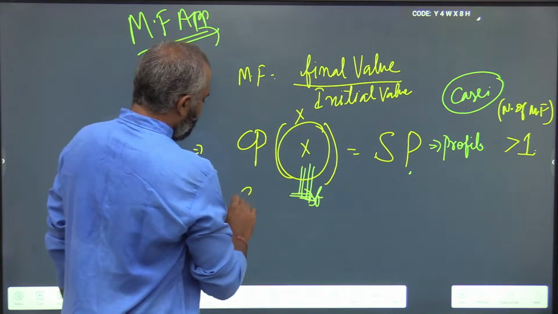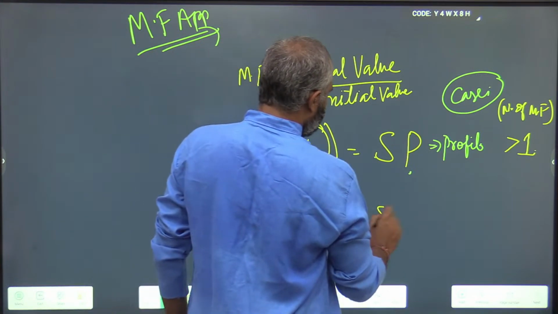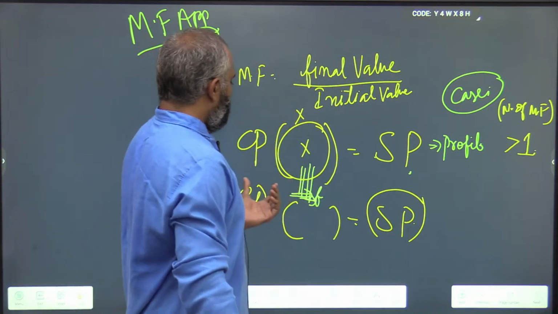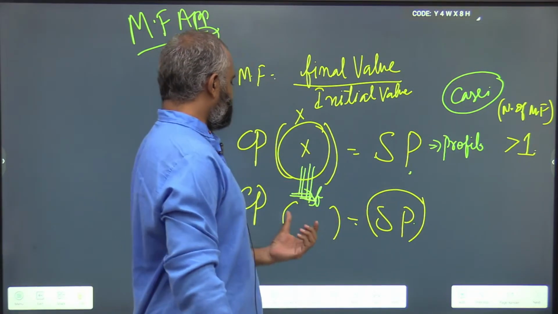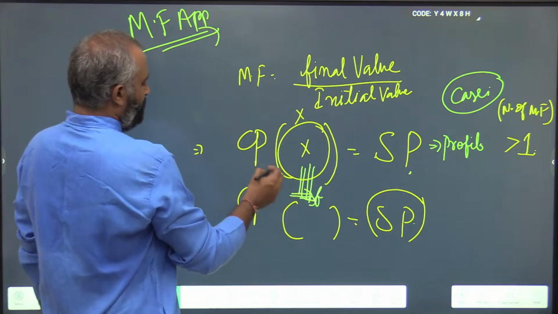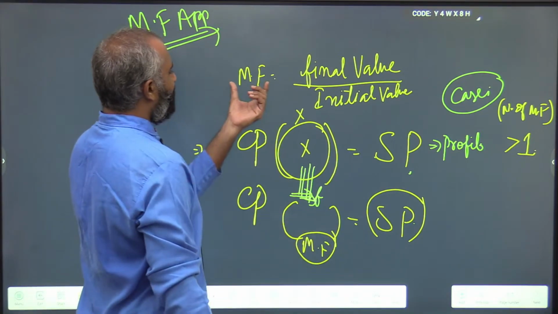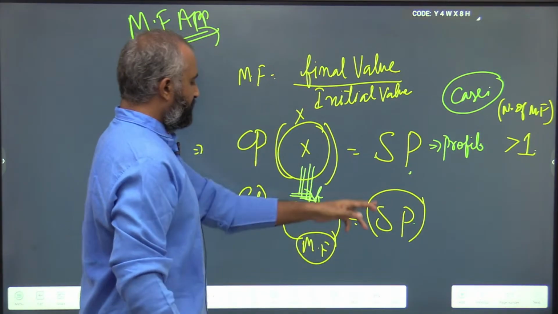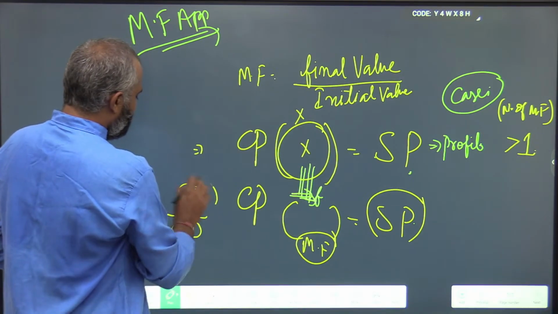In the same way, suppose he is selling at a loss. Loss is nothing but your selling price being lesser than the cost price. Now, the selling price is lesser. How do you define this factor? We call this the multiplication factor, defined as final value by initial value. The final thing here is SP and the initial thing is CP.